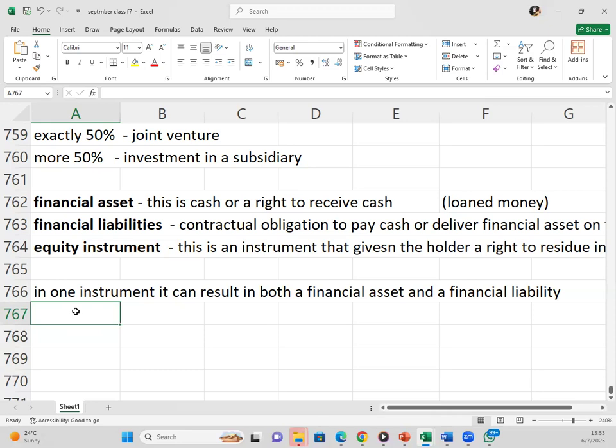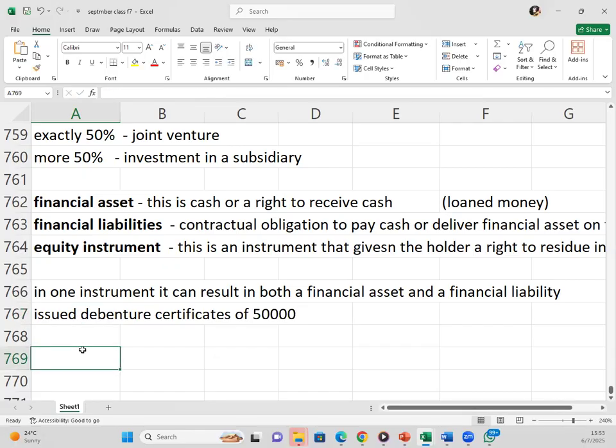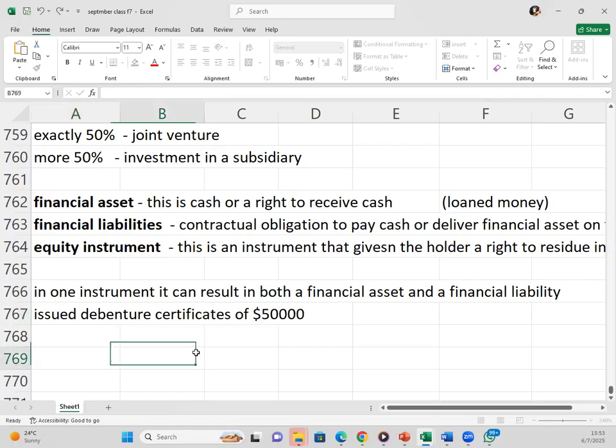If we issue a debenture, let's say an issue of debentures of 50,000, the one in possession of the certificates, the one who has given us the money, says I have a financial asset.